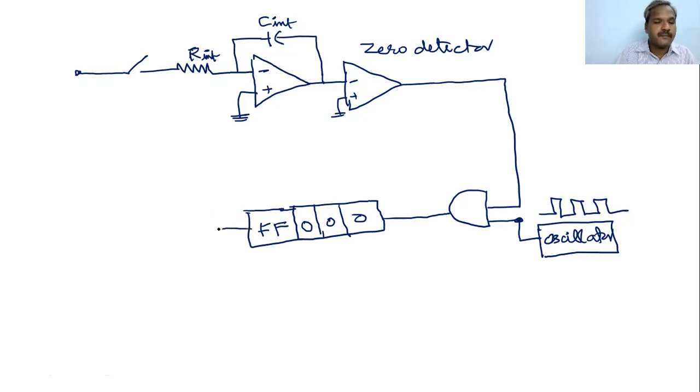From the flip flop to another input, this is V in, the actual analog input, and this is V reference. From this flip flop, there is a reset to the counter.